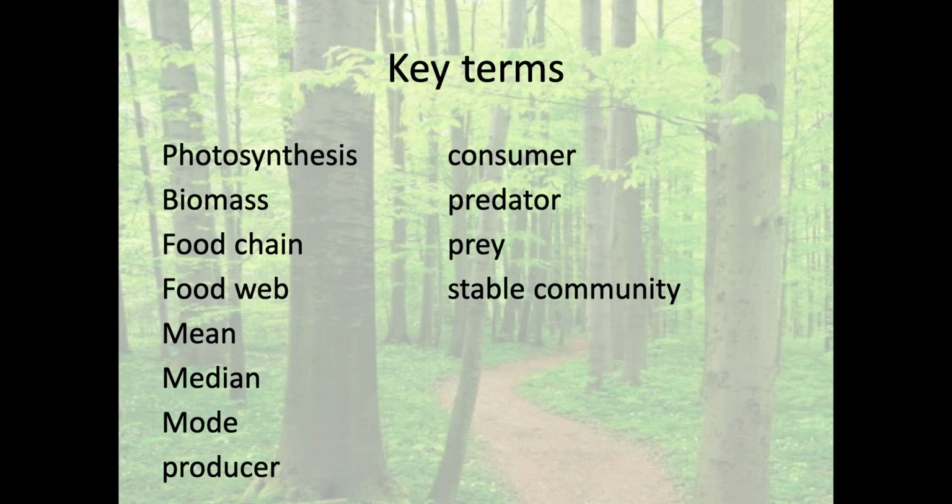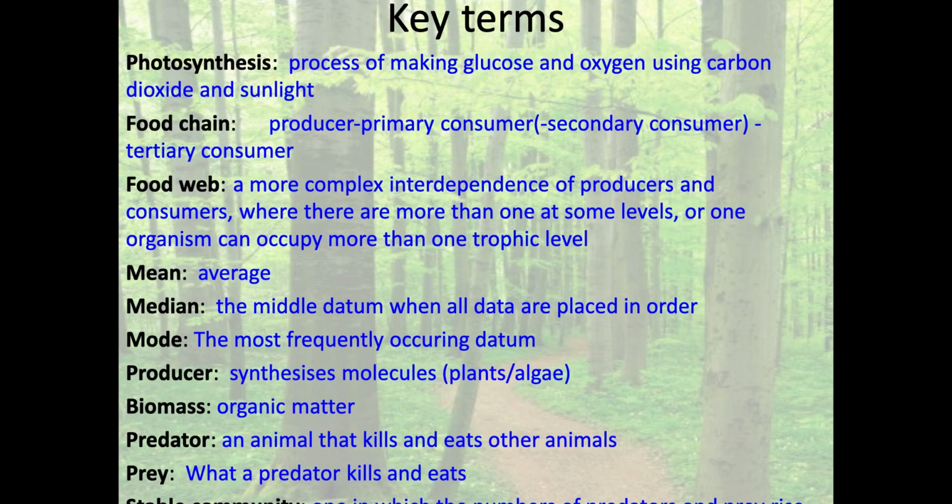We've defined all those. Hopefully you got those. And if you didn't, there you have the answers to those. So if you haven't got them all, you might choose to pause the video and write those into your notes now.